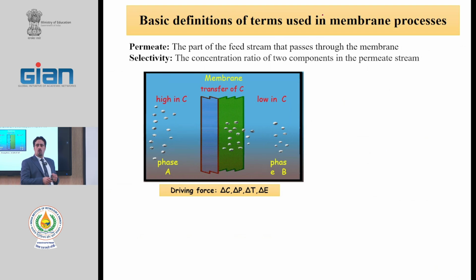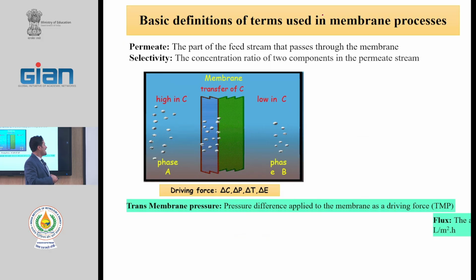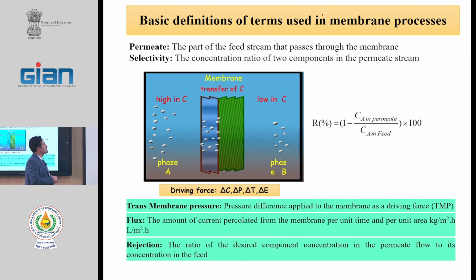For showing the selectivity and the rejection, we usually measure the concentration of a special solute, special ion, in permeate and feed, and compare them to determine the rejection.